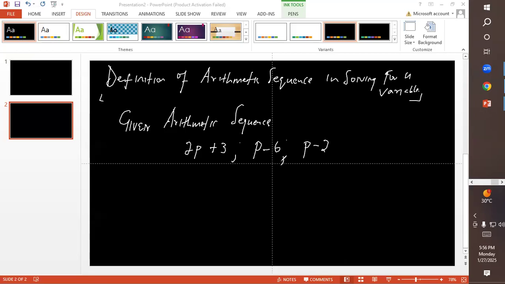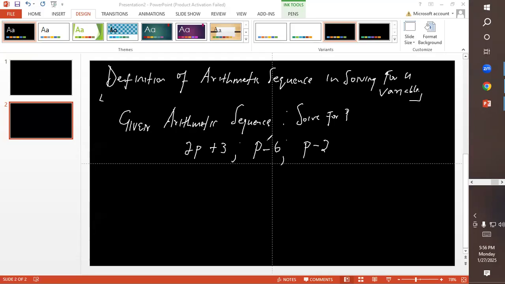You are told that this sequence is arithmetic, and you are required to solve for p. So now, how do you solve for p in this case?